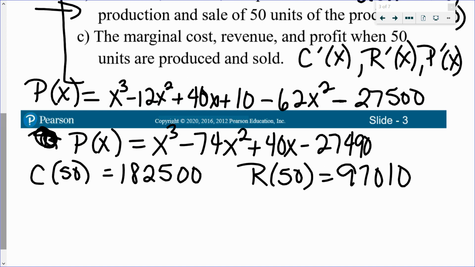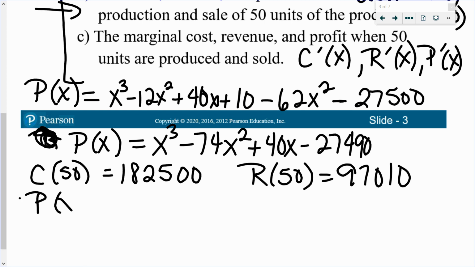Okay, and then P of 50 should be 50. Yes, they are.